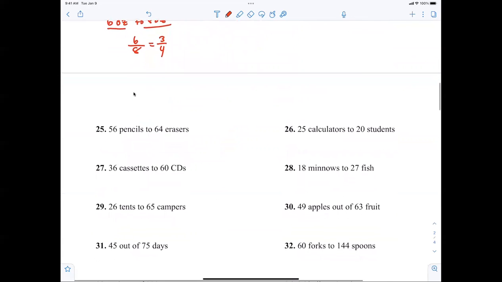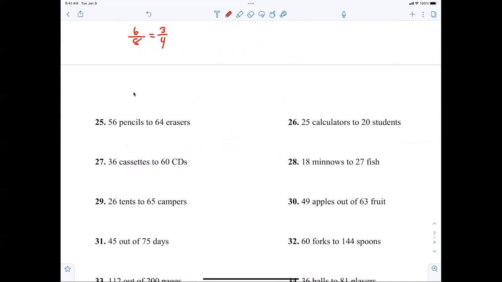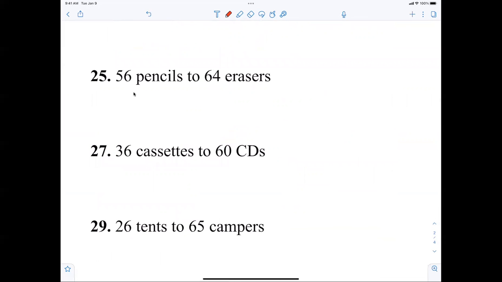All right, now everybody look at number 25. Is there a relationship between pencils and erasers? No. So now we just are back to normal. So next, Miss Vaughn, go. Over. And then reduce that to what?